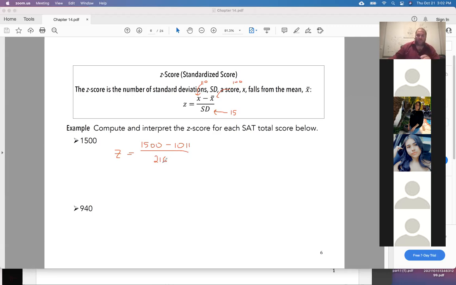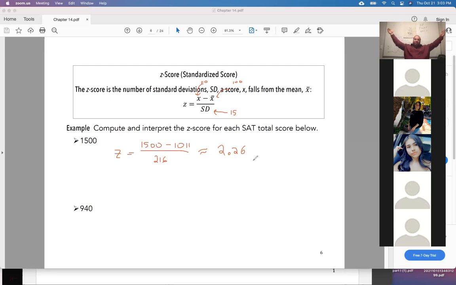So that gives us how much? Approximately 2.26. That tells us that if you score a 1500 on the SAT, you are scoring roughly 2.25 standard deviations above the mean, which very few people get to.